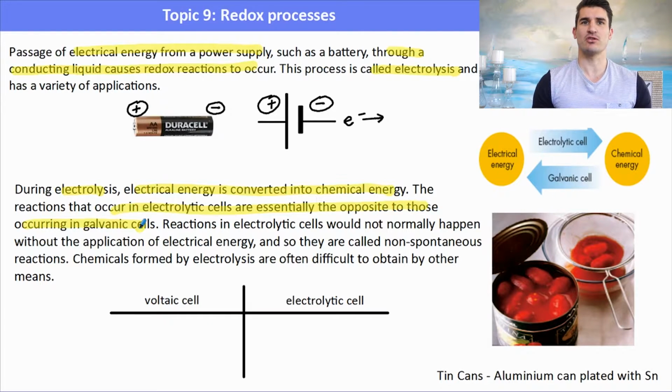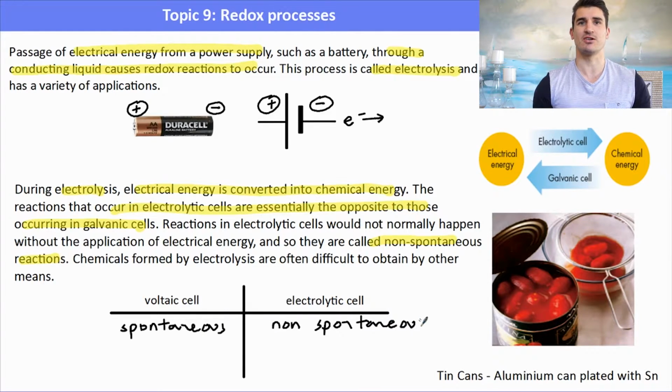Now, during electrolysis, electrical energy is converted into chemical energy, and the reactions that occur are kind of the opposite to voltaic cells. Because we need to generate electricity for this process, it's a non-spontaneous reaction. So a voltaic cell is a spontaneous reaction. When we connect them up, they go straight away.